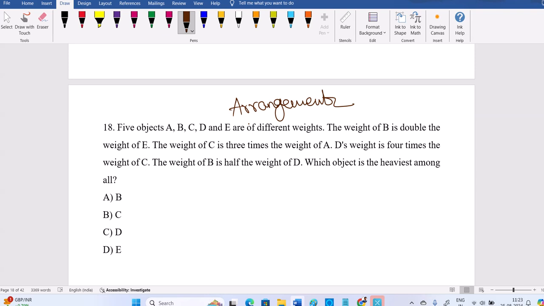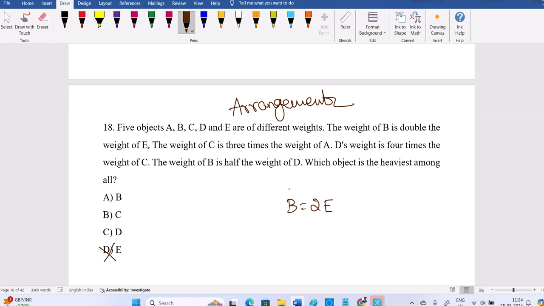Start the connection. So from where to where? B is double E. So E is not the heaviest.